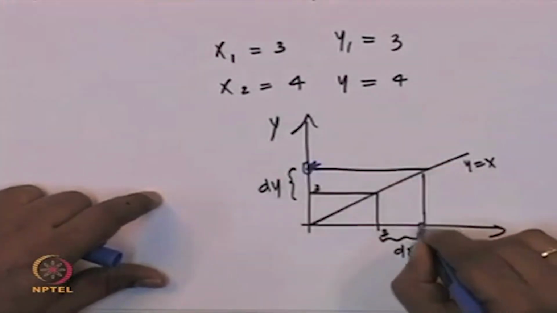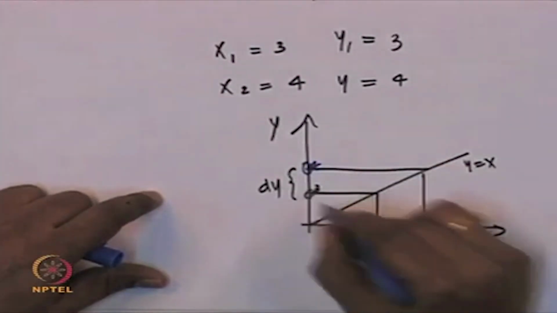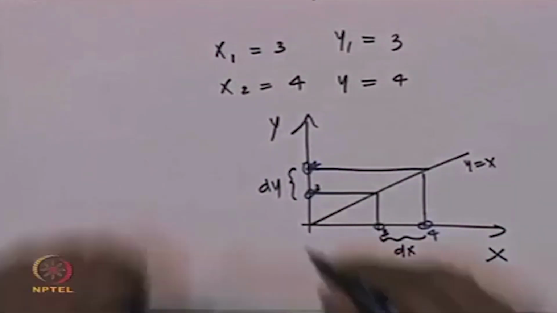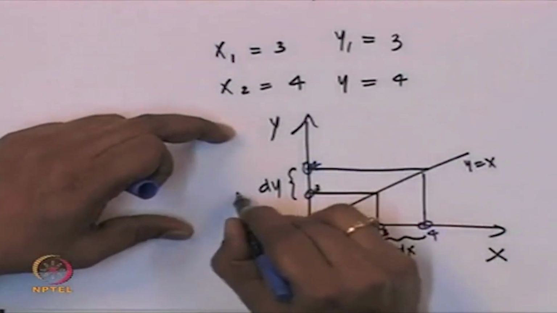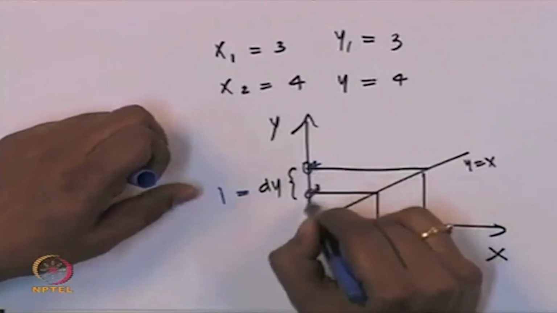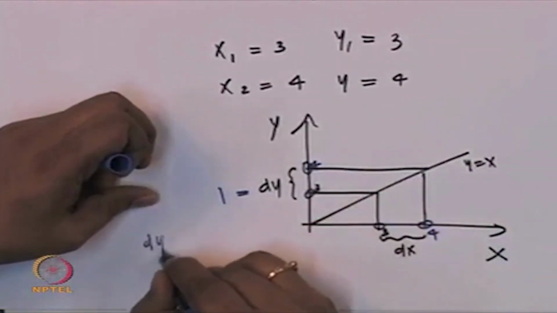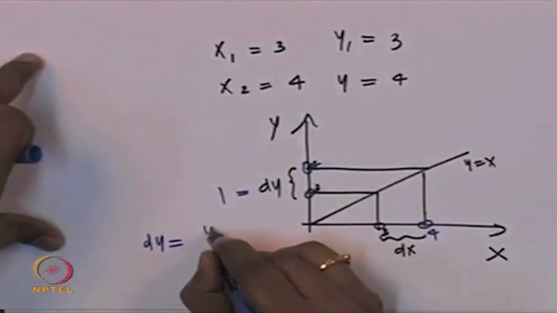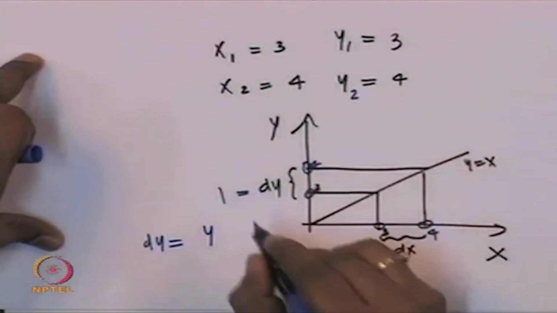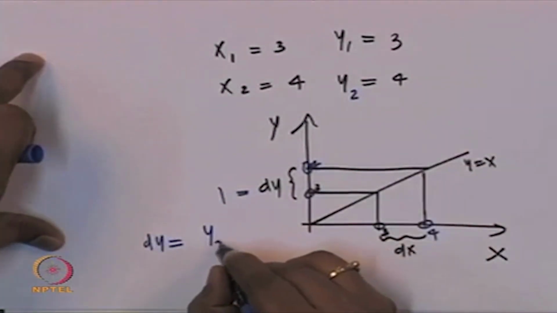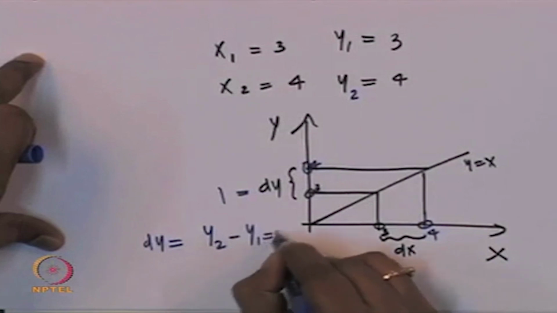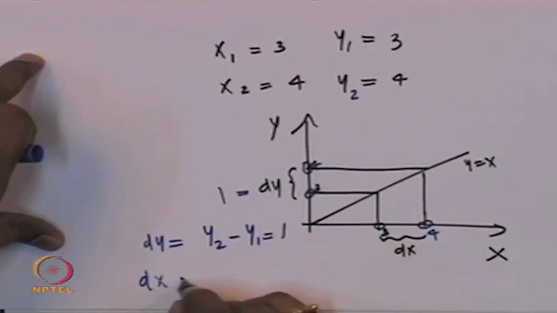So, dy here is 4 minus 3, which is 1. So, dy is y 2 minus y 1, which is 1, and dx is x 2 minus x 1, which is 1.